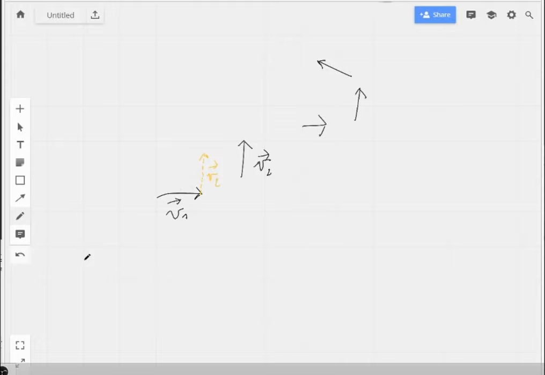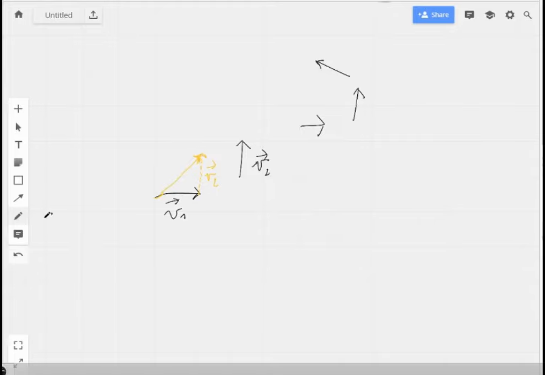Then you would put them, let's say, head to tail, so that the head of vector 1 coincides with the tail of vector 2, and then you can draw this vector here, which will be the sum of the two.